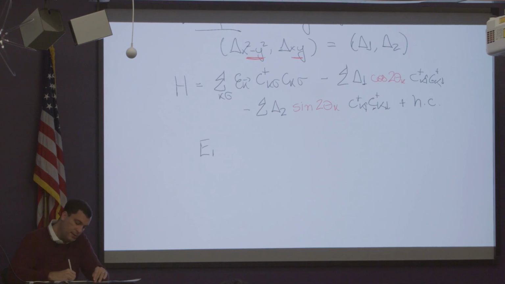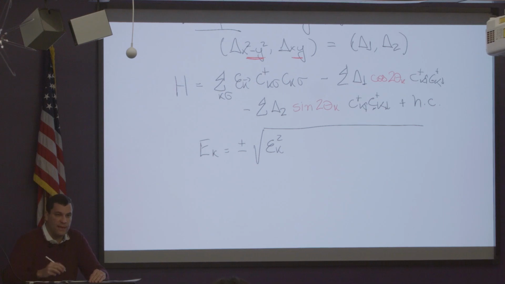You're going to find 2 energy bands that are particle-hole symmetric, plus or minus the square root of epsilon k squared, I'm going to start dropping the vector notation on k, plus the absolute value of delta 1 cosine 2 theta plus delta 2 sine 2 theta, squared.